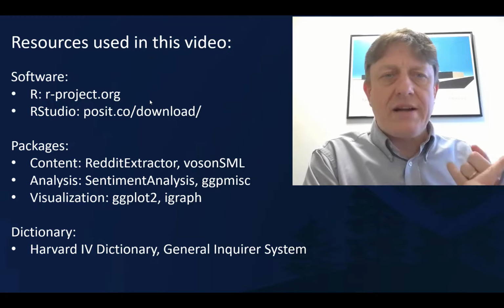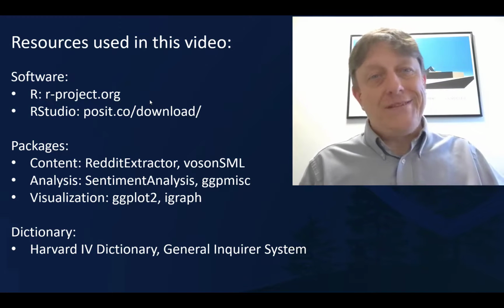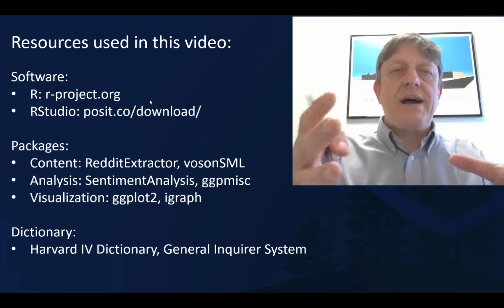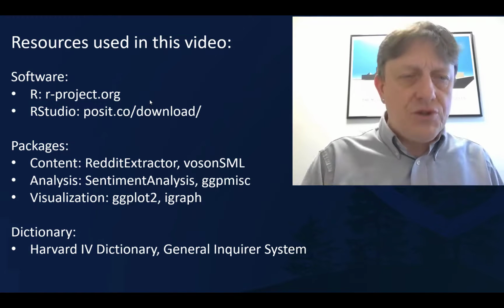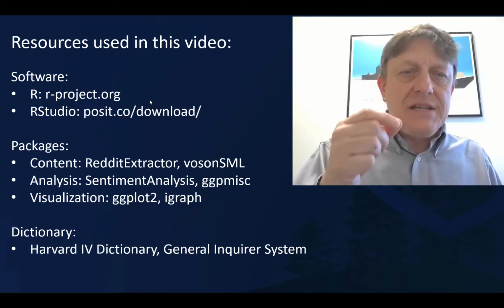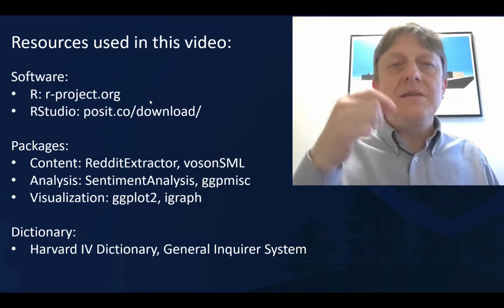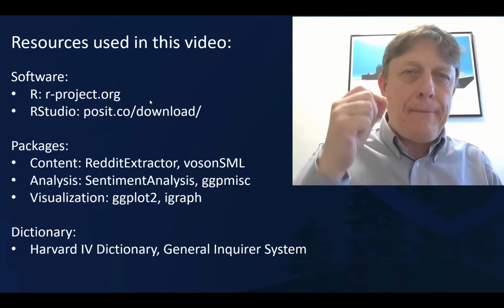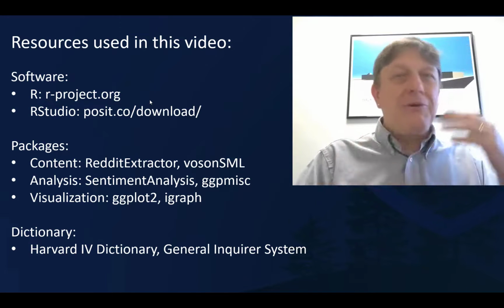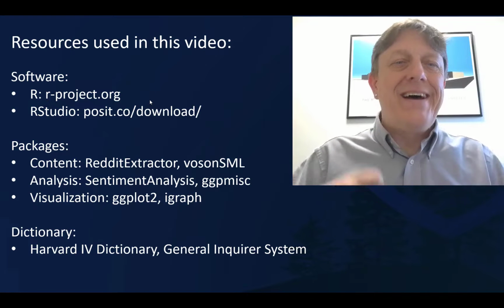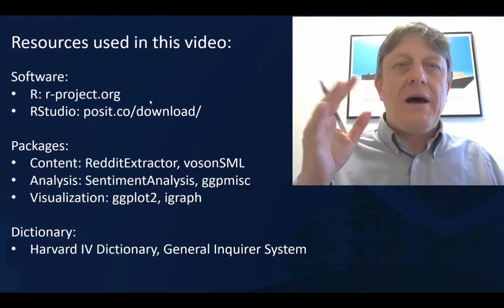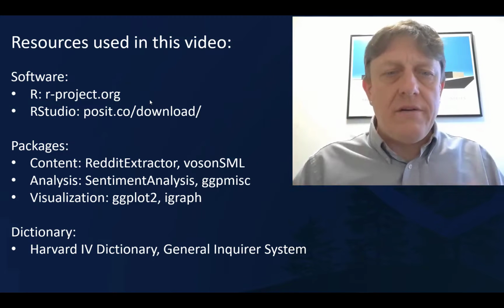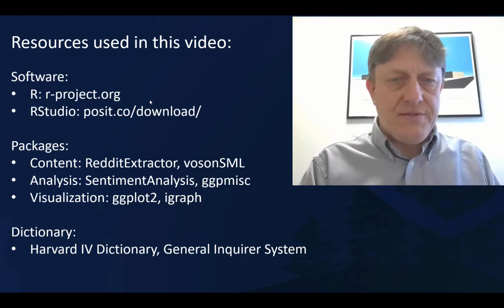One which is Reddit Extractor, which is for Reddit, and then VOSON SML we're going to use to extract text from YouTube. For analysis, we're going to use SentimentAnalysis, a package, all one word, and that package uses the General Inquirer dictionary developed from Harvard, particularly the one that indicates the positive or negative sentiment of either words or passages of words.